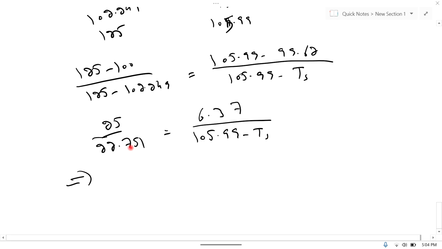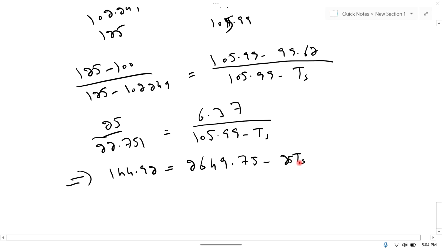So this implies 22.751 multiplied by 6.37, cross multiply, is 144.92, which is equal to 105.99 multiplied by 25, which is 2649.75, minus 25 Ts.